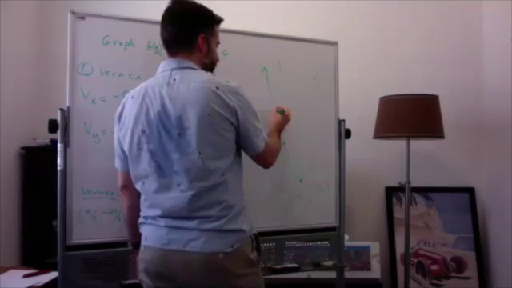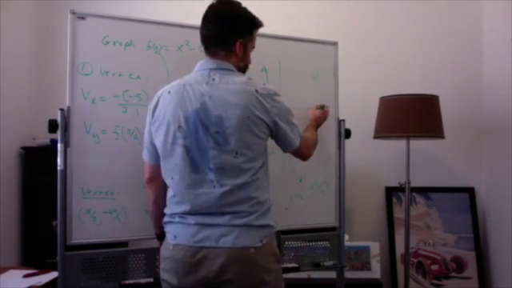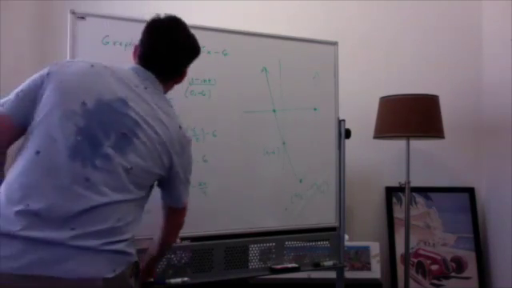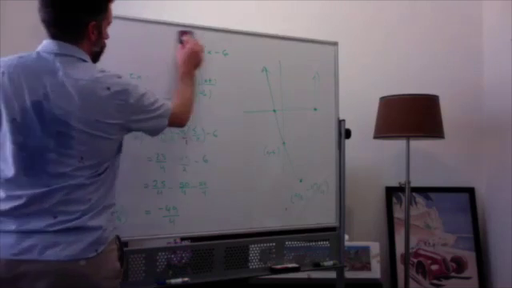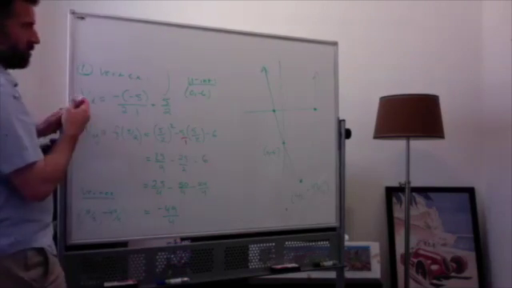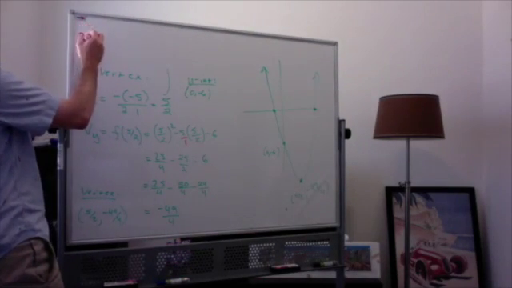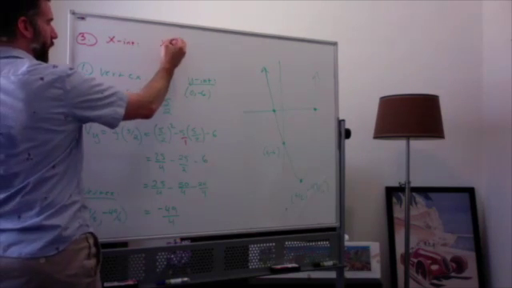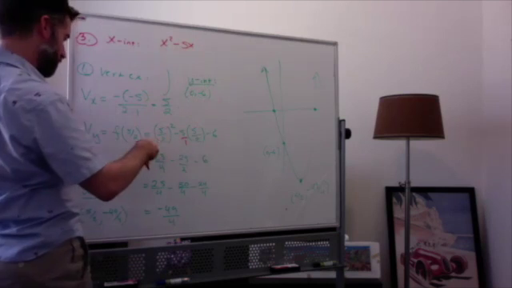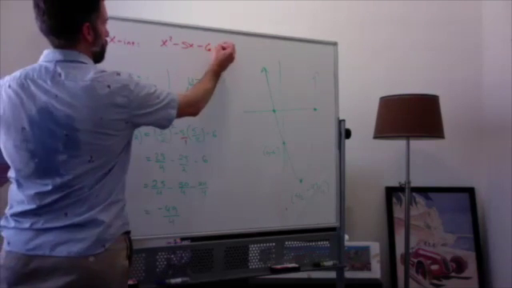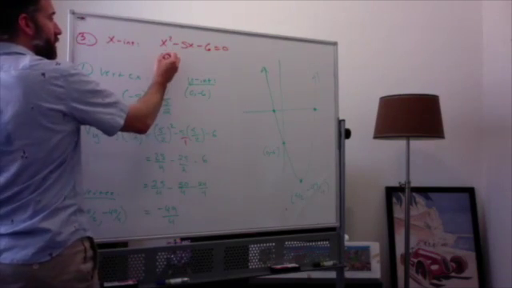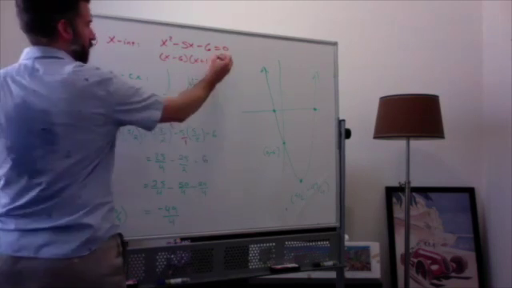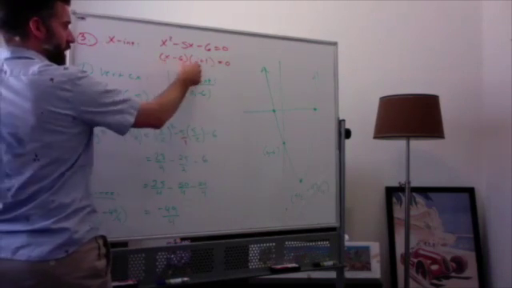So it's got to look something like this. And then we're just going to fill in the x-intercepts. Problem with these is there's so much information to put on the board. So x-intercepts, we're just going to set our x squared minus 5x minus 6 equal to 0. And it does factor. Factors x minus 6 times x plus 1. So my intercepts are positive 6 and negative 1.